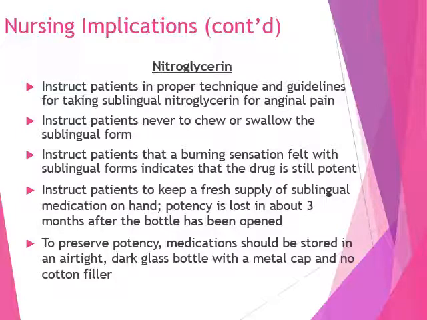Once they open that bottle, they need to write the day that they opened it on their prescription bottle and be mindful that that bottle is only going to be potent or quote unquote fresh for 3 months, and they need to get a new prescription. To preserve the potency, medications should be stored in an airtight, dark glass bottle with a metal cap and no cotton filler.